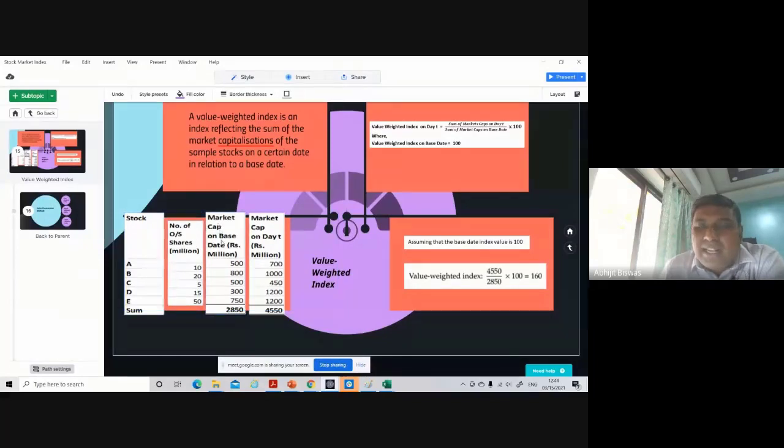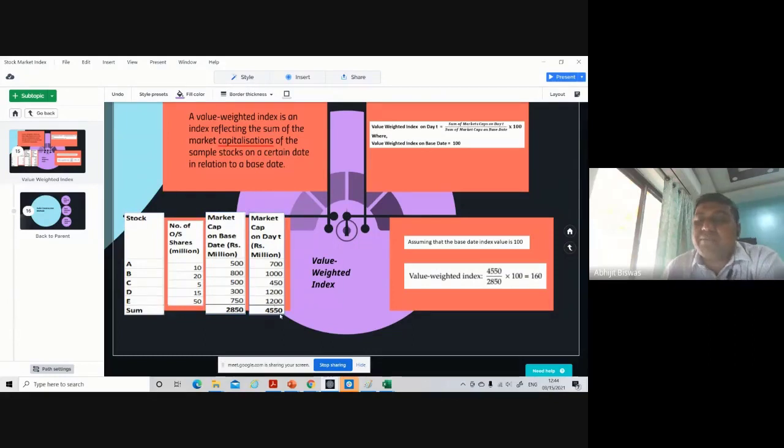The market capitalization on the base date is given: for A 500, for B 800, for C 500, for D 300, and for E 750, in million rupees. So the total was 2850. And the market capitalization on day T for A is 700, for B is 1000, for C is 450, for D it's 1200, and for E it is 1200.